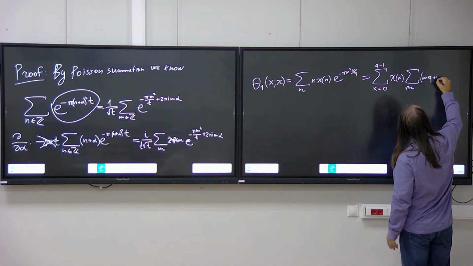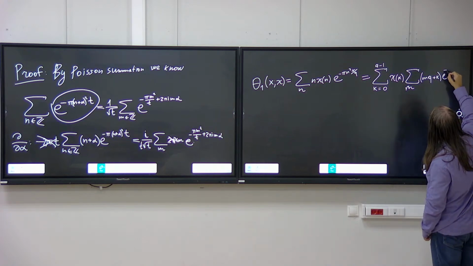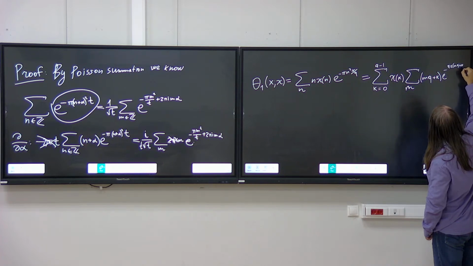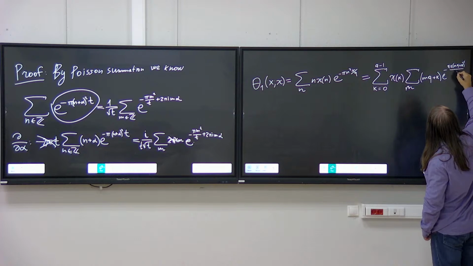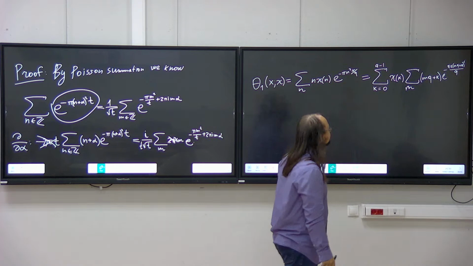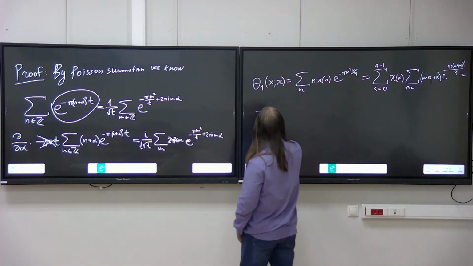Then you get e to the power minus pi x (mq plus k) squared divided by q. Correct?